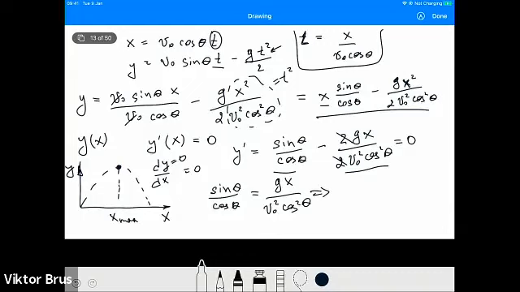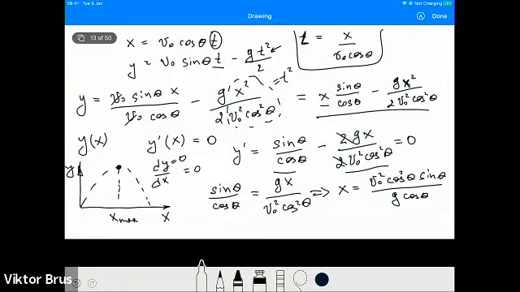From here, we can write the expression for x. x is equal to v naught squared multiplied by cosine squared theta multiplied by sine theta, divided by g cosine theta. Okay, I guess we didn't miss anything.